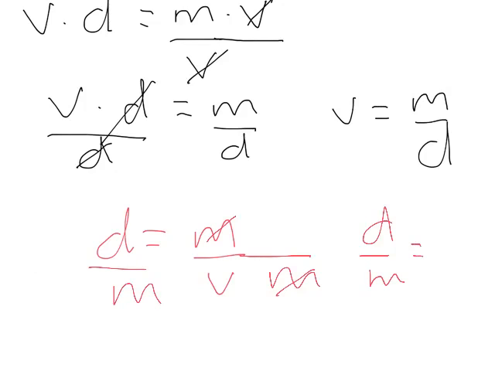That's legit in algebra. But what they forget is they haven't done anything to change where V is at relative to the division line. So what they actually have here is 1 over V, and they just forget about it.